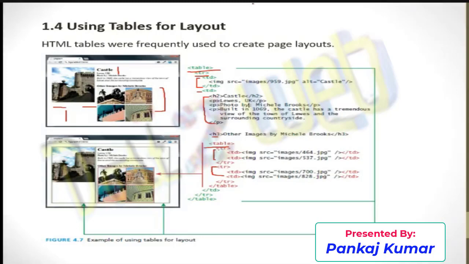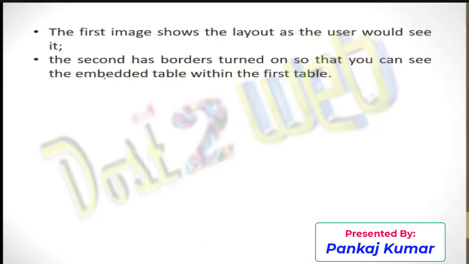It totally depends on the web developer how they want to display the appearance of the page, how it should look. What you have seen in the image shows the layout the user would see. The second has a border. So in this way you can define it in the table.